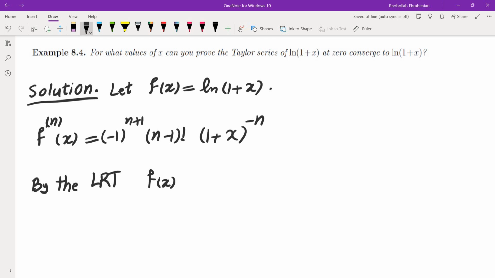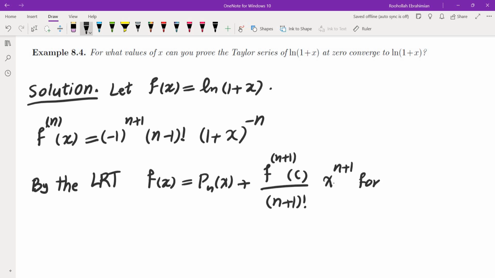f of x is equal to Pn of x plus f^(n+1) of c over n plus 1 factorial times x to the power of n plus 1 for some c strictly between 0 and x. So we know that.